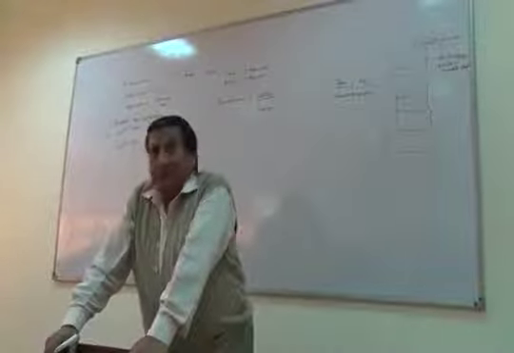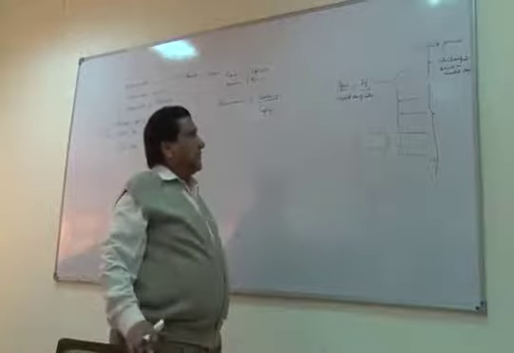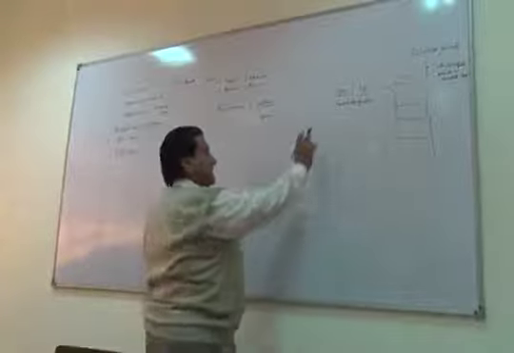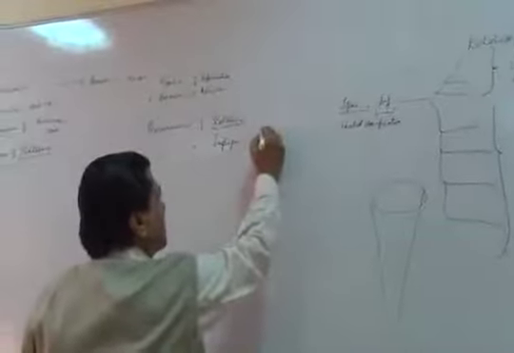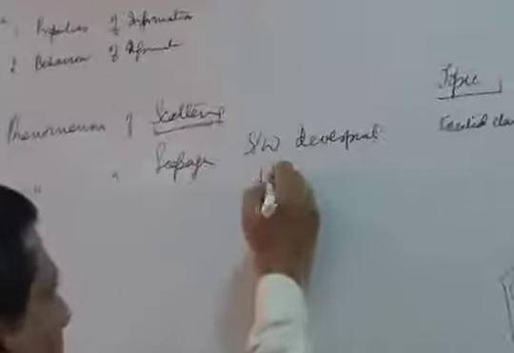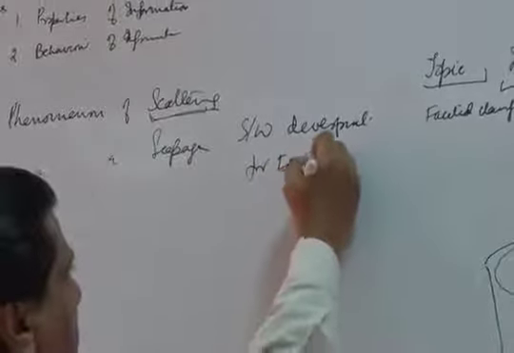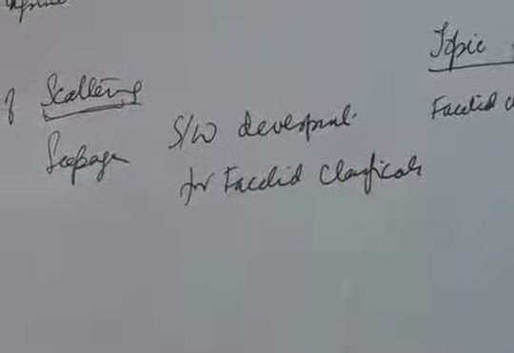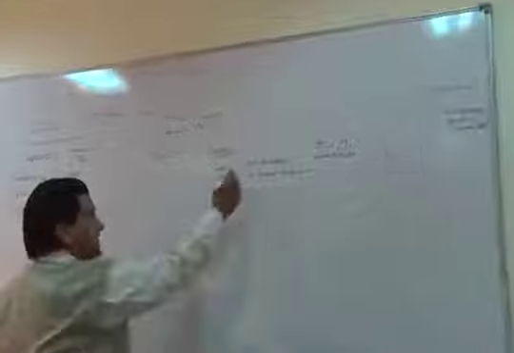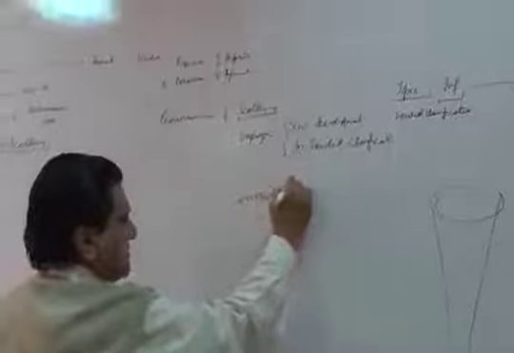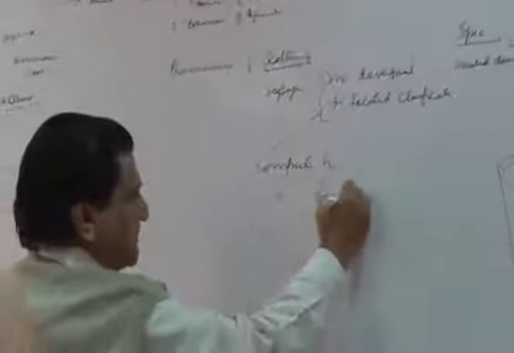Now, as compared to this, suppose there is an article, software development for faceted classification, which appears in any journal of computer science or computer engineering.